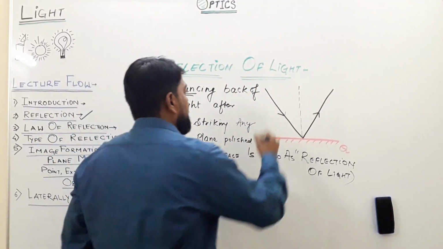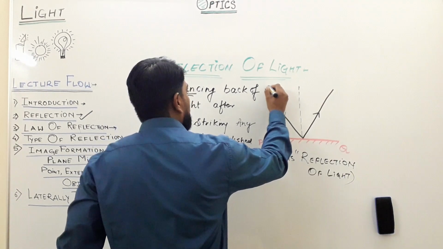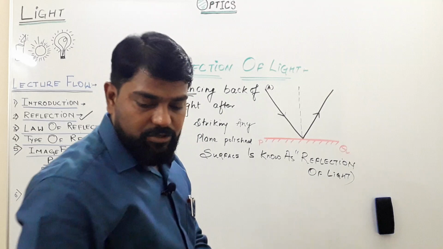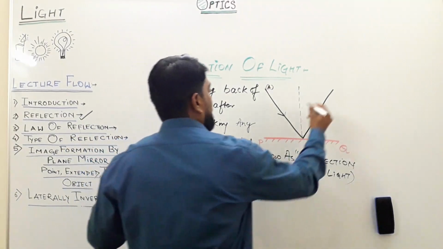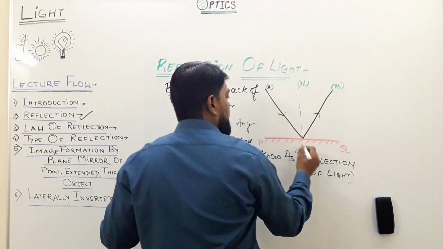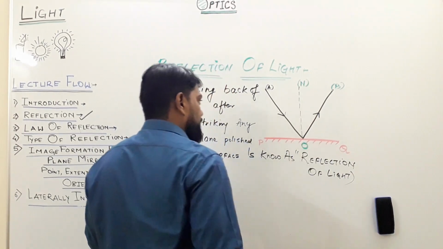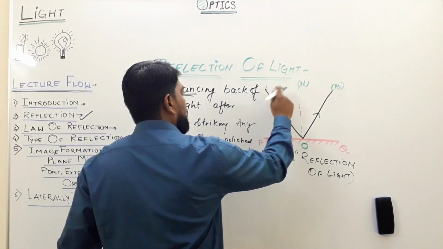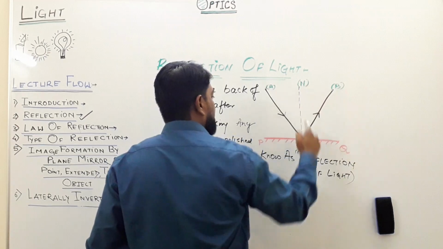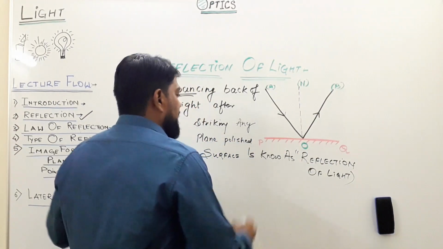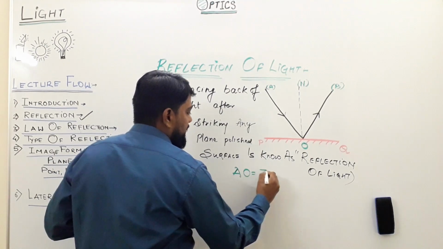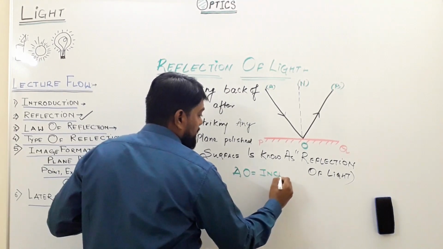Now suppose we give names here: A, B, N, and O. In this particular diagram, this one is A, this one is B, this one is N, this one is O. Here in this diagram, AO is known as incident ray.